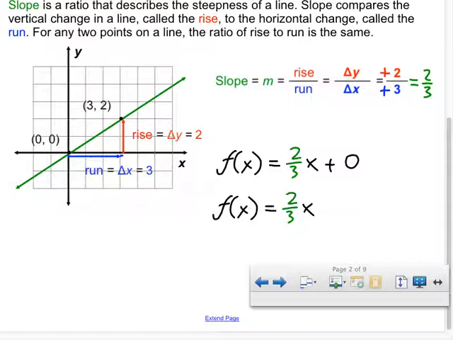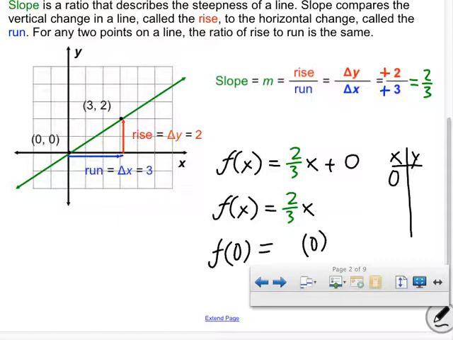And so we can substitute these values and see that they work. So if I have my t-chart and my y, I can test that for 0. If I substitute 0 in here, isn't the answer for y going to equal 0? So it works. Let's try the other point for 3.